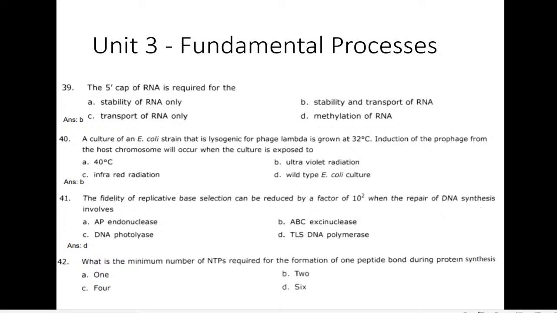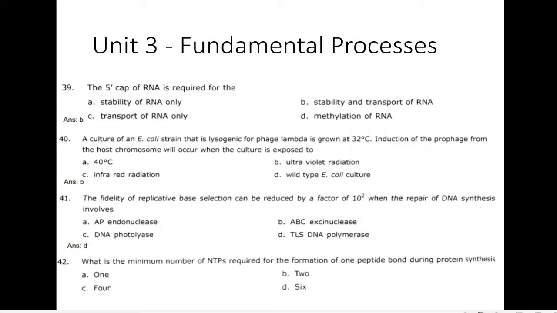Then the next question is about fidelity. The fidelity of replicative base selection can be reduced by a factor of 10 power 2 when the repair of DNA synthesis involves.